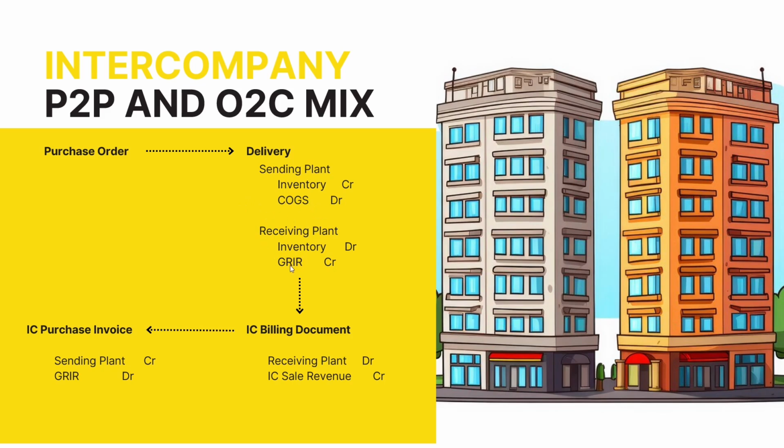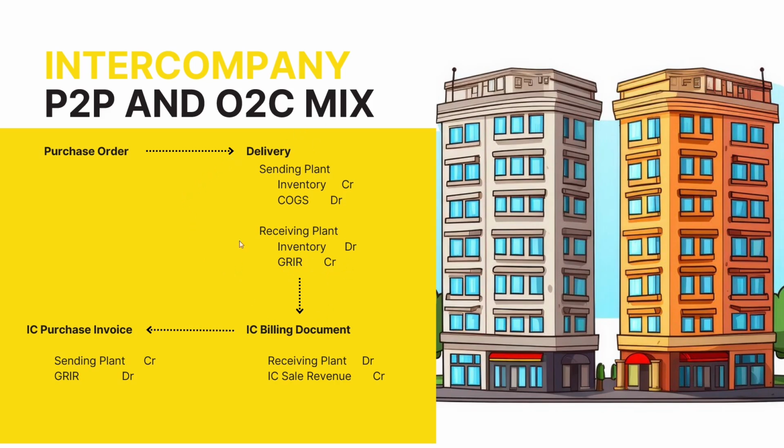But in addition to that, we also have the treatment of the receiving side, which is the goods receipt, where the same inventory which is flushed out of the sending entity is received in the receiving entity, and the inventory is debited and the GRAR account is credited.